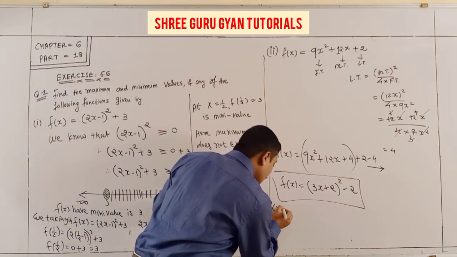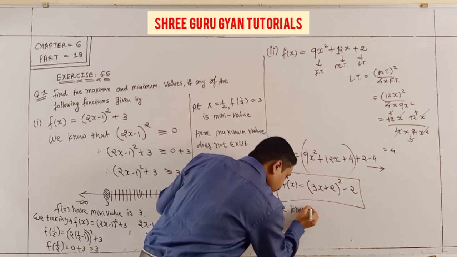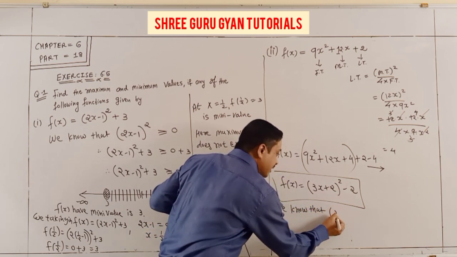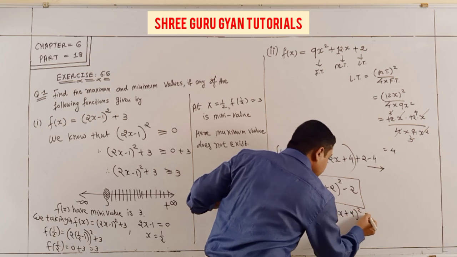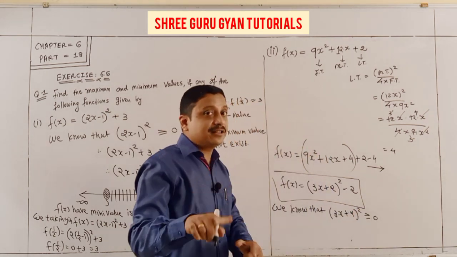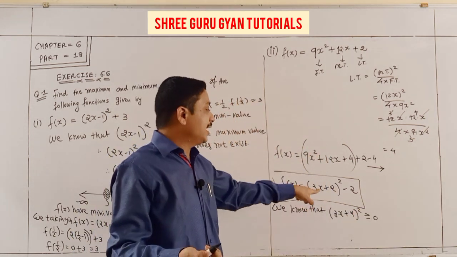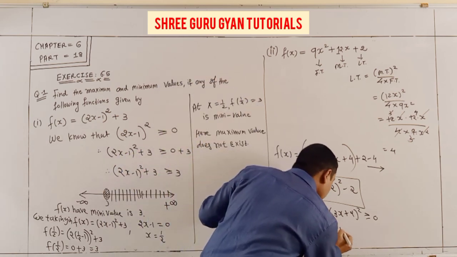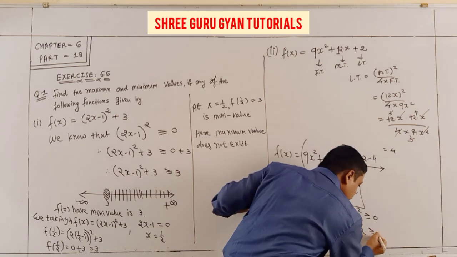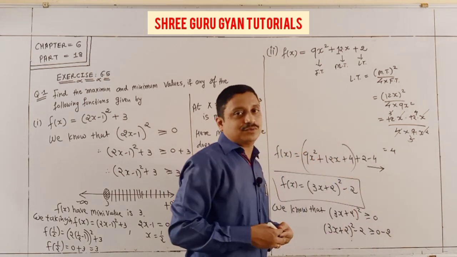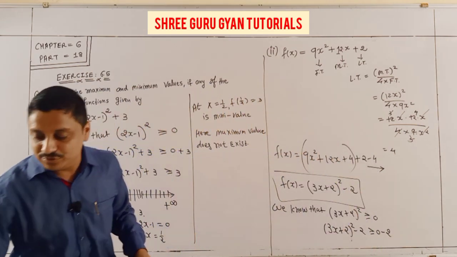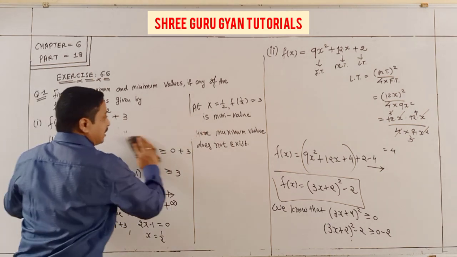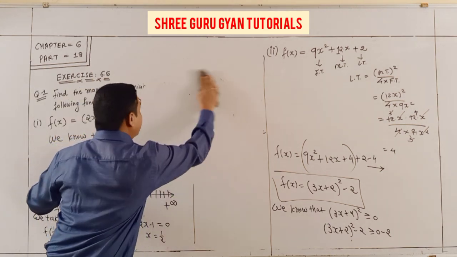We know that every whole square term is greater than or equal to 0. Now we only need to subtract. So students, (3x plus 2) whole square, subtract 2 here also. So you get these values and plot them on the number line.